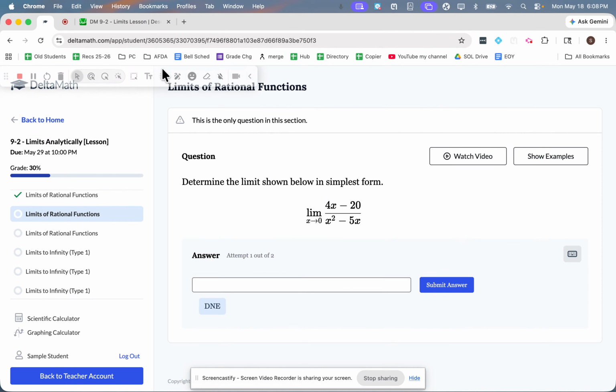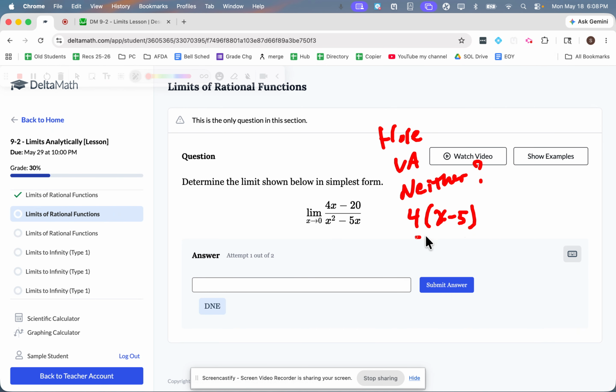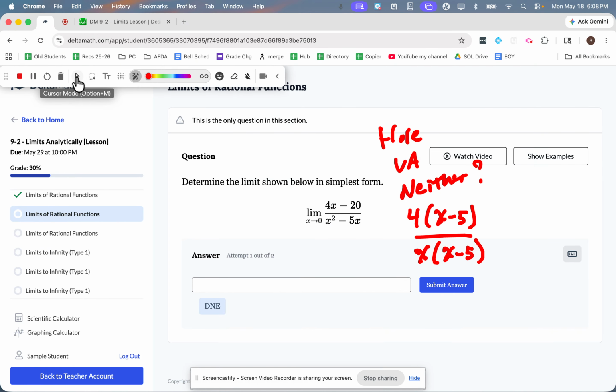Here's another. Remember, you're looking for the presence of a hole or a VA, or maybe it's neither. Okay, first thing to do is factor this. There's my GCF. Okay, so here we have a hole.